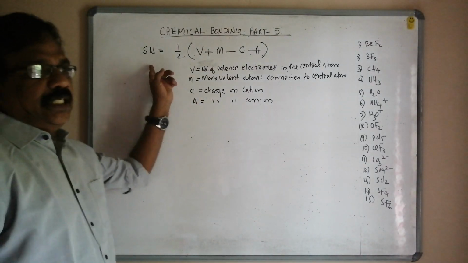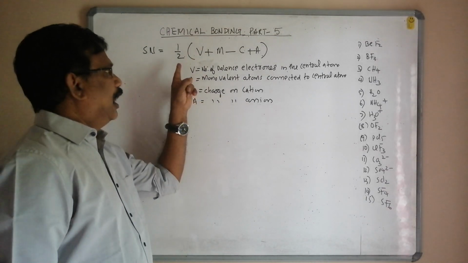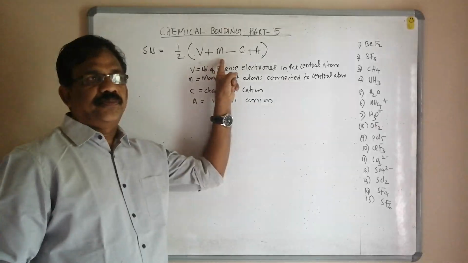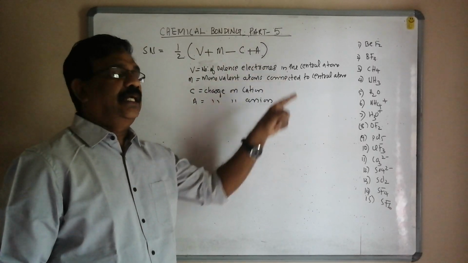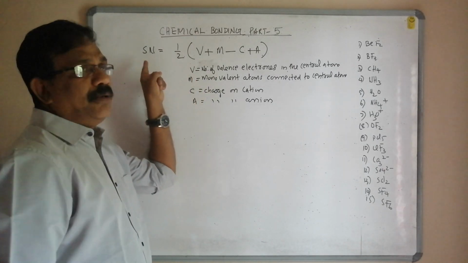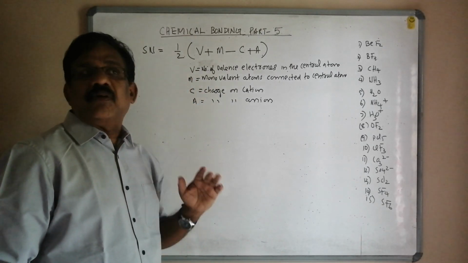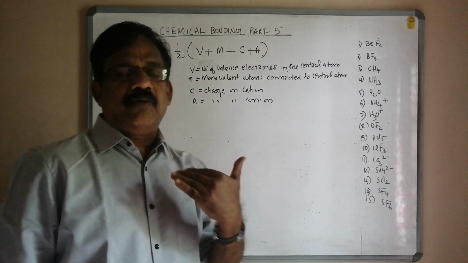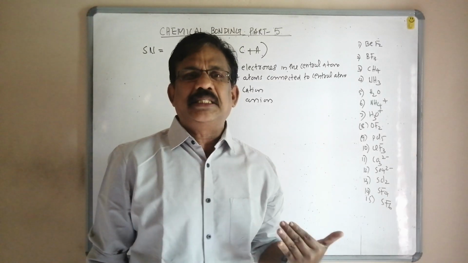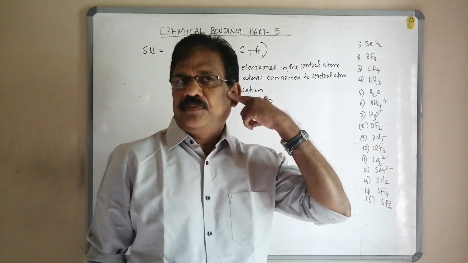Steric number is equal to half into V plus M minus C plus A. Steric number means the number of hybrid orbitals around the central atom.